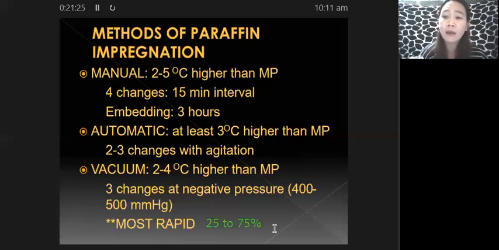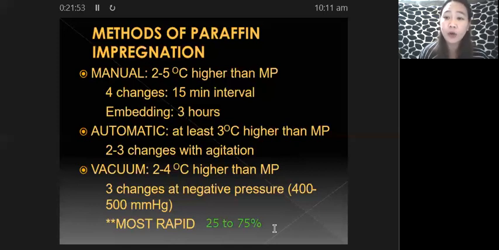In fixation, is there hardness? Yes, because you need to protect your tissue sample. That's one of the purposes of fixation, to make your tissues adequately hard so that they are protected from the damaging effects of the succeeding steps in tissue processing.